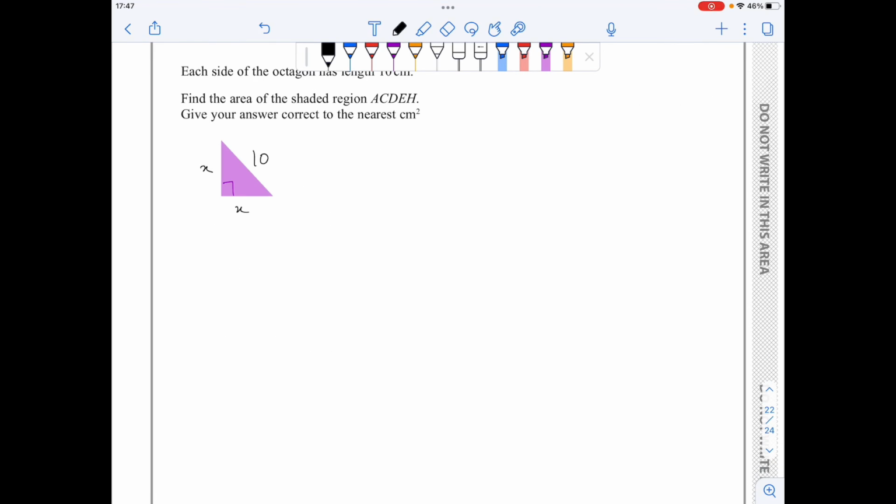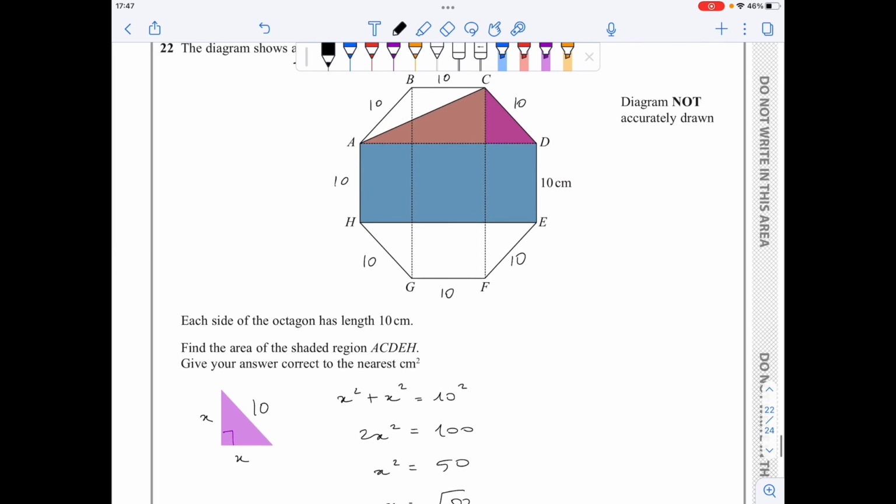So using Pythagoras theorem, x squared plus x squared is equal to 10 squared. So 2x squared is equal to 100, x squared is equal to 50, x is equal to the square root of 50. So let's go back to the shape.